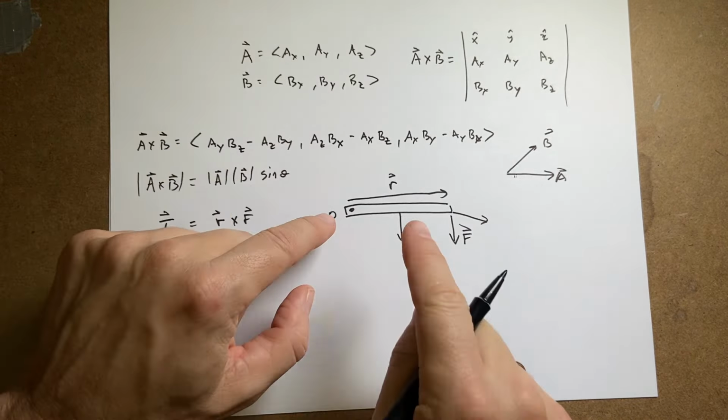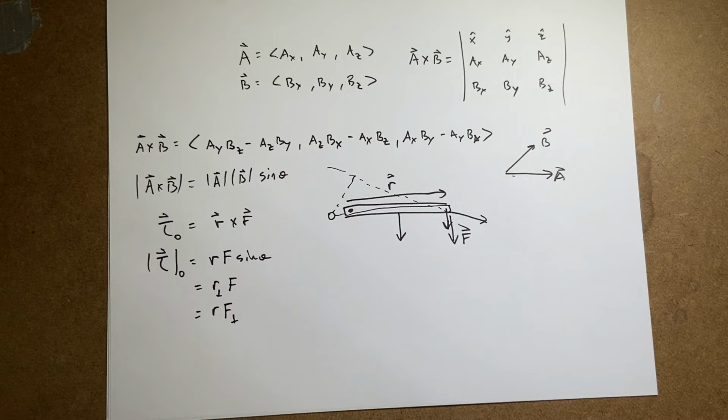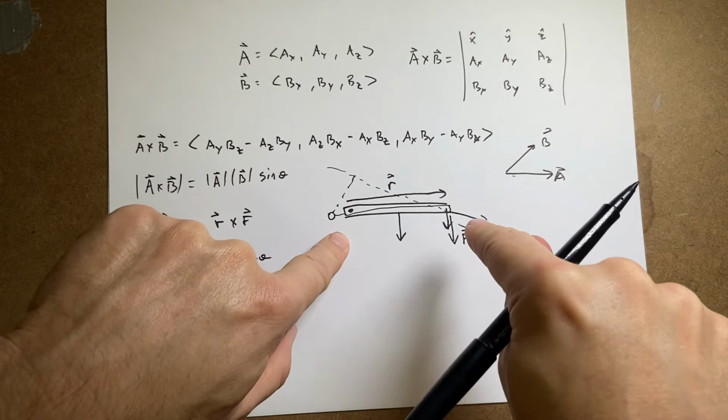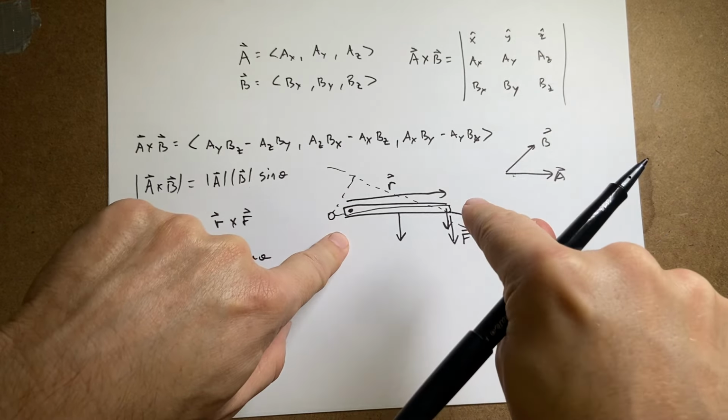Or I could take this force and find the perpendicular component of F. Those are the same thing. But the key here is that torques matter where the force is applied, not just what the force is. You can imagine right here, if I push with equal forces in opposite directions on this pin, the net force is 0.